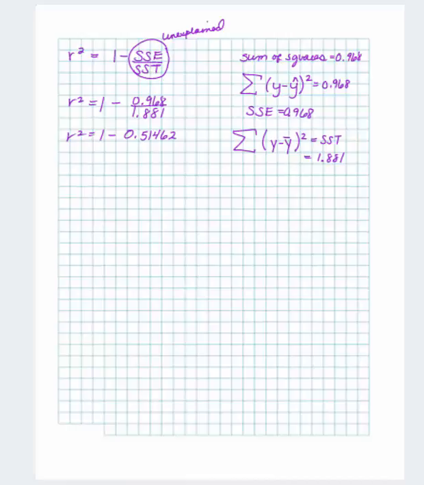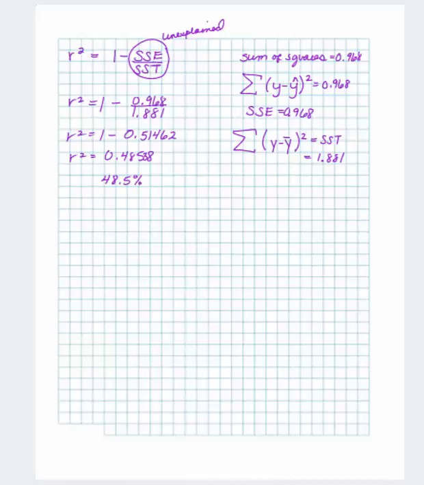That should look kind of familiar because when I take away 1, I get 0.483538, which is about 48%.